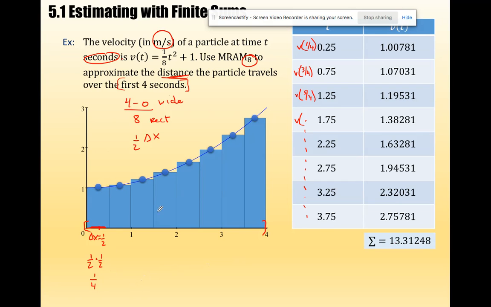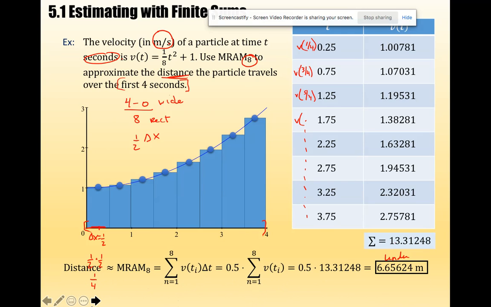So I'm getting better, right? I'm still an underestimate, right? Because of the increasing shape of this graph as I'm rising. That's the sum of all of the heights. And then since my delta x was constant, I factored it out front, or delta t was a half.